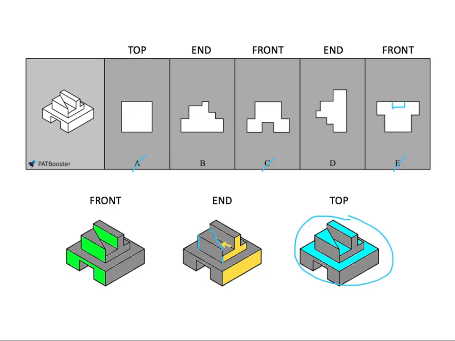So if we compare B and D pretty closely, we can see that they're very similar, but there is a distinct difference. And it's this part right here. It's this side extension versus this side extension. Everything else is exactly the same. And so which one of those is correct?